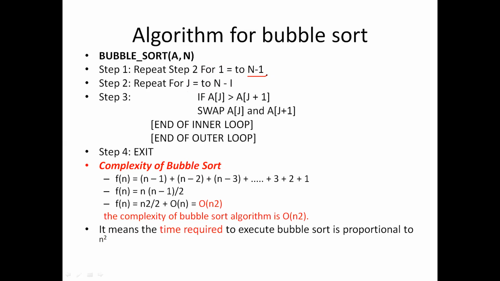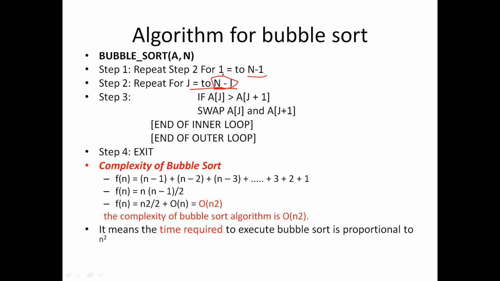The number of passes is n minus 1. And why are we writing n minus 1 here? Because when the number of passes increases, 3, 4 and so on, the number of steps keeps decreasing, since the unsorted array is decreasing. That's why we wrote j to n minus 1.